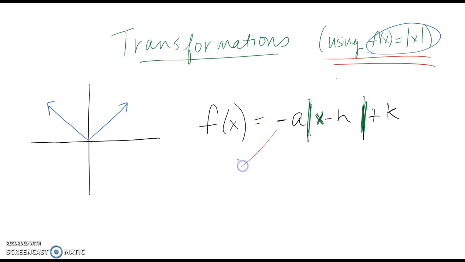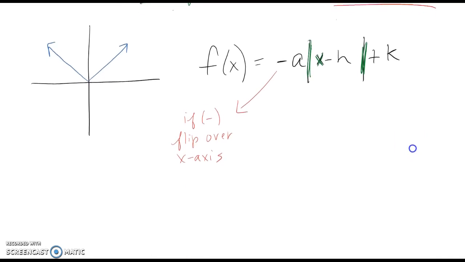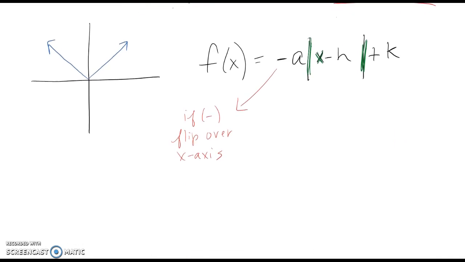Now here's the deal. If there's a negative in the front, what that's going to do is flip the graph across the x-axis. So it's going to flip over the x-axis. And the technical term for that is, what do we call that?